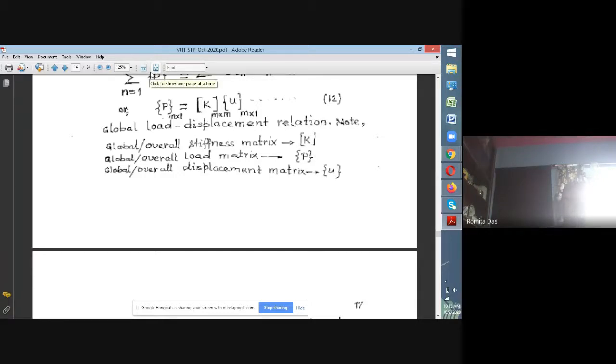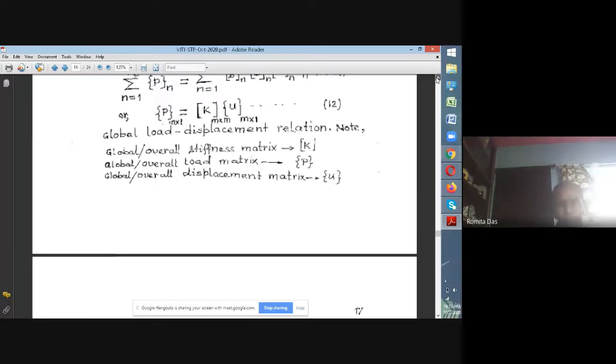If you have m degrees of freedom, then the size of the global stiffness matrix is m by m, and the size of the load matrix is m by 1, and the displacement matrix is also m by 1, but the global stiffness matrix is a square matrix of dimensions m by m.